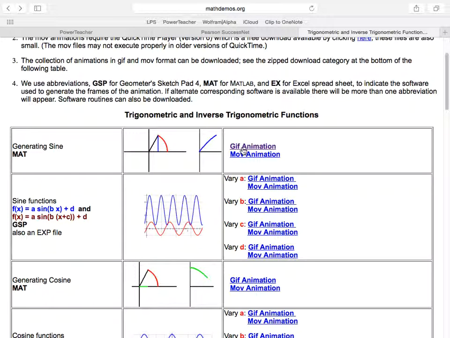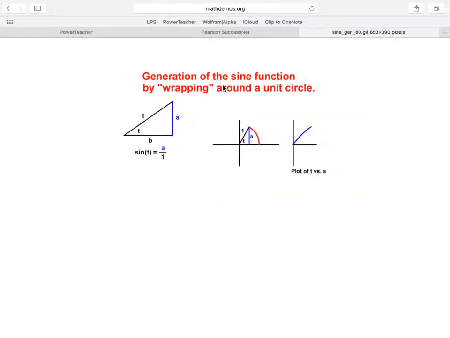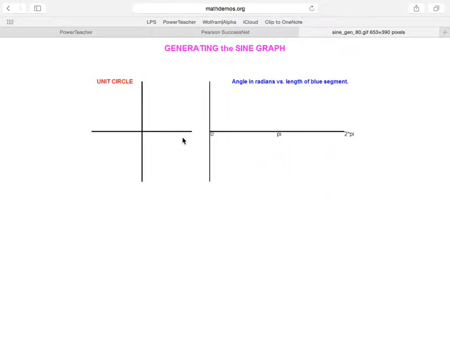This website actually gives us a nice idea about where that comes from. So let's look at the first one: generating the sine function by wrapping around a unit circle. As you travel along the edge of the circle, the height or the rise gets longer and longer up until 90 degrees, and it gets shorter and shorter towards 180 degrees.